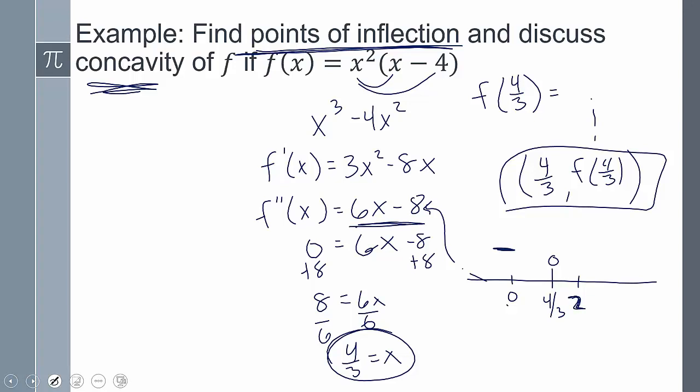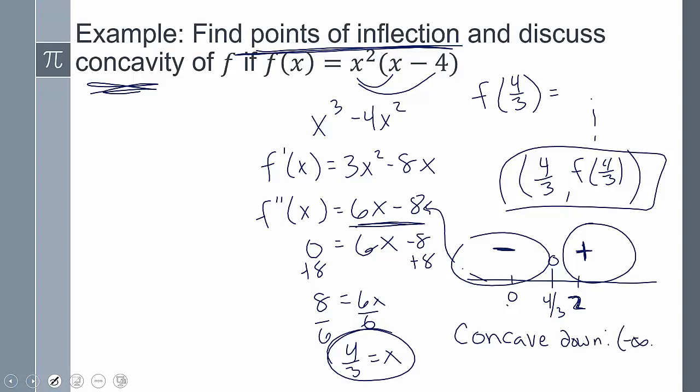I'm going to get 12 minus 8, so that's positive. The reason why I can't plug in 1 is because 1 is not on that side of 4/3. So this is negative, this is positive, so I can say it's concave down from negative infinity to 4/3, and concave up from 4/3 all the way to infinity.